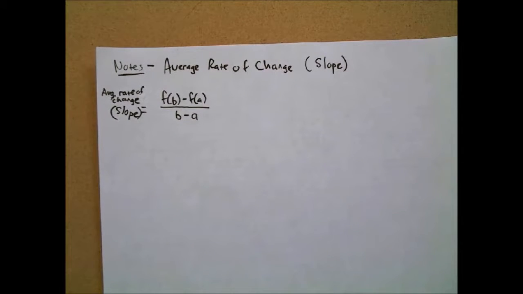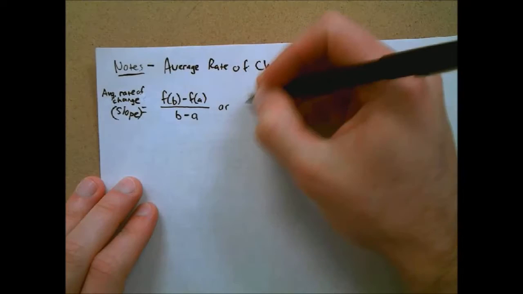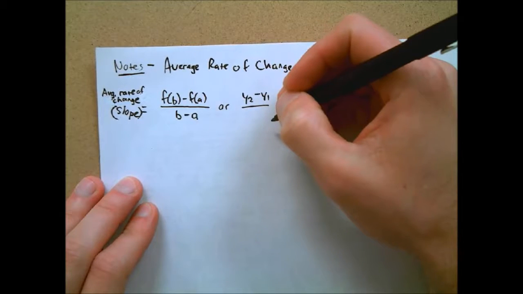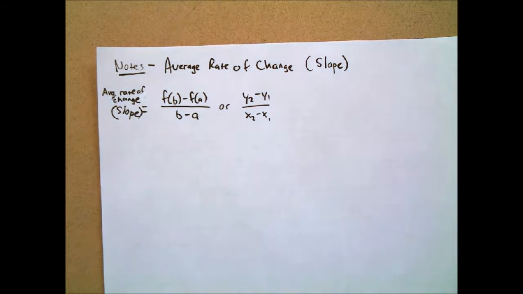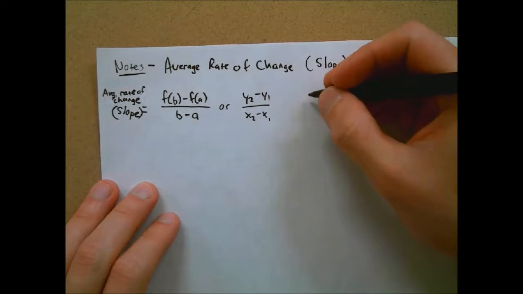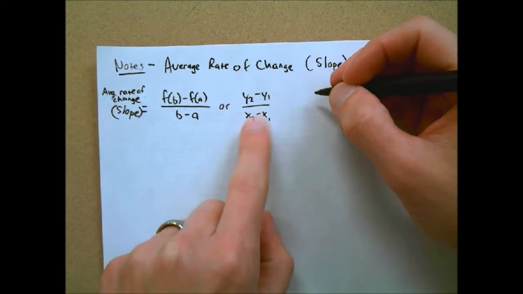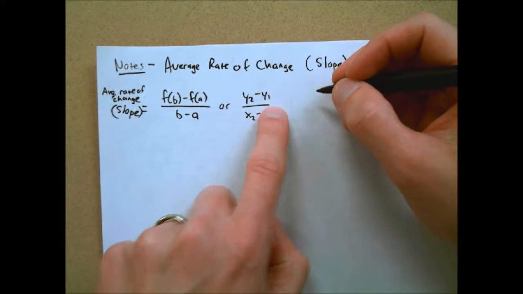that's the slope formula. You might remember it in a different format. Maybe you might remember it as y2 minus y1 over x2 minus x1, right? Okay. So in other words, in order to find the slope, what information do we need? Well, you can see we have an x coordinate and a y coordinate, and another x coordinate and a y coordinate, right? x sub 1, y sub 1, x sub 2, y sub 2.